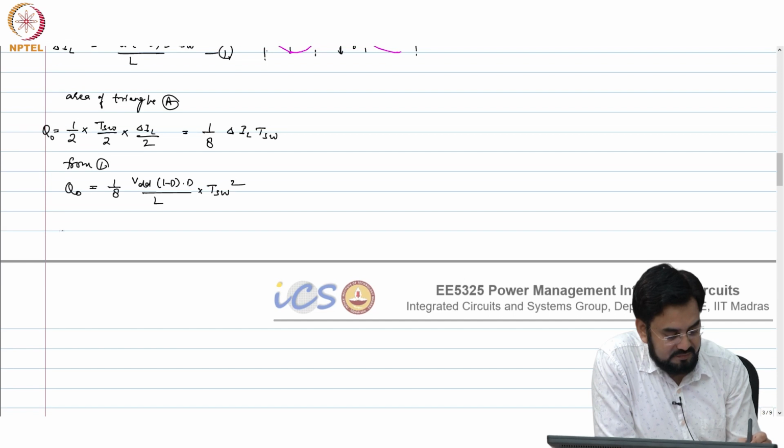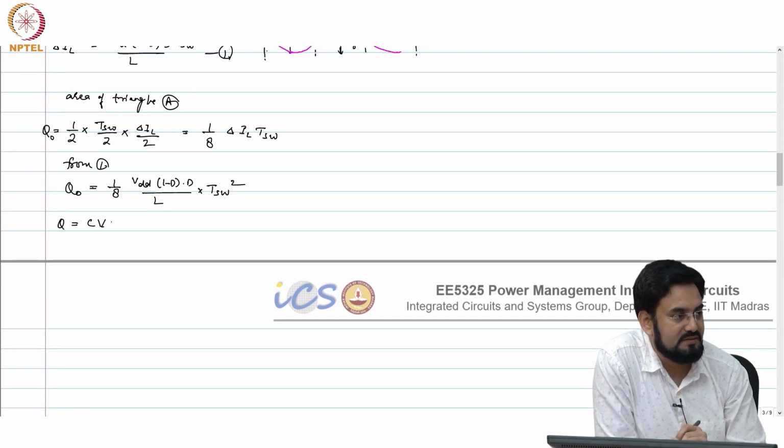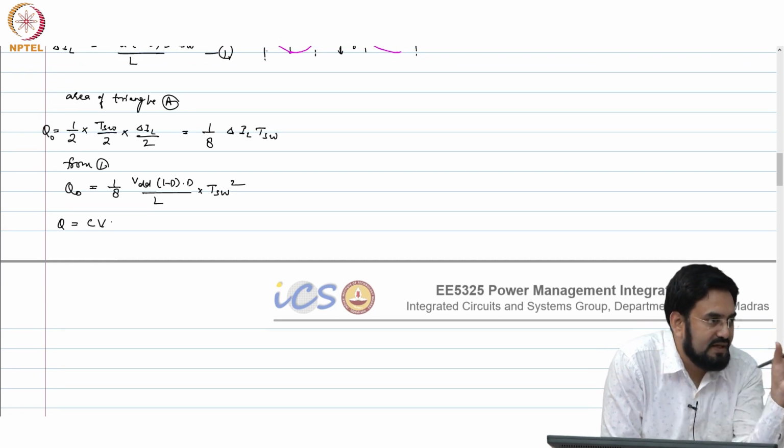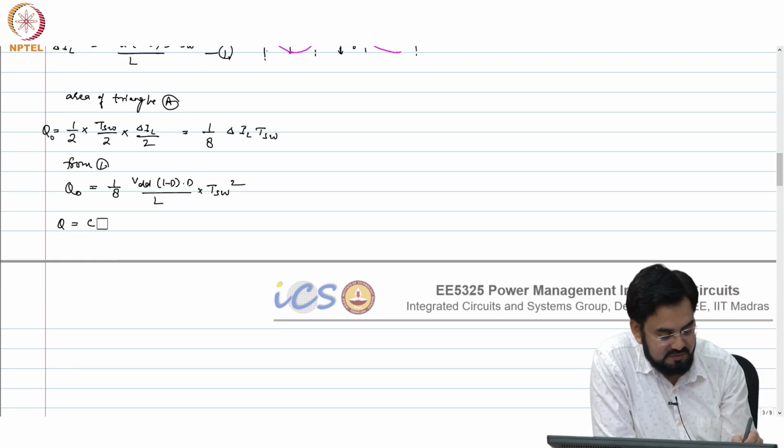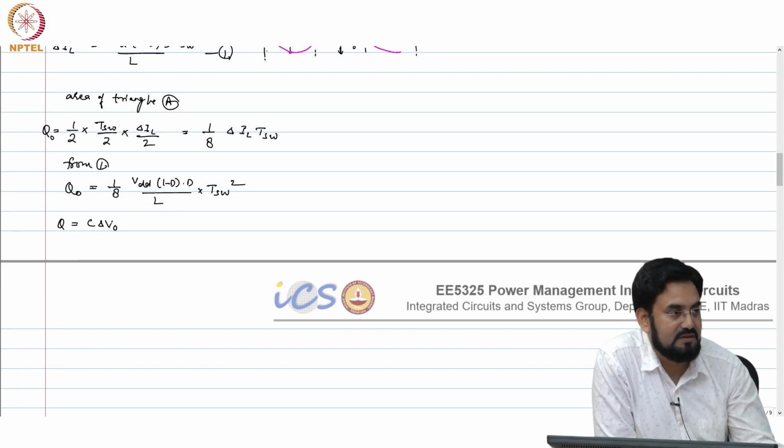Now Q equal to CV. If I apply this formula, and we are looking at a delta V voltage only, which means Q equal to C times delta V naught.